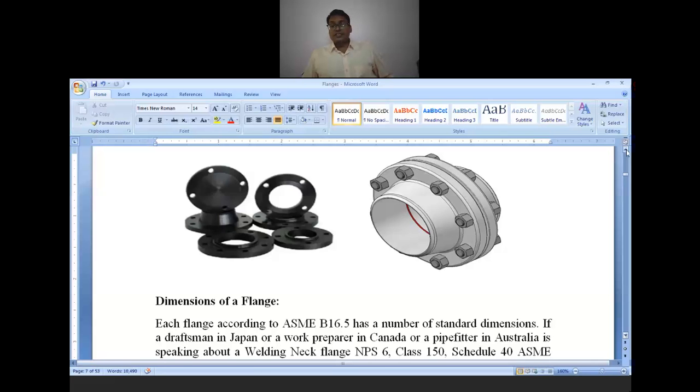When it's a non-standard flange, I simply cut the desired plate, provide a circular, rectangular or square shape, provide the bolting arrangement and provide the hole the same as the dimension of the pipe or the dimension of the vessel. So this is a non-standard flange.